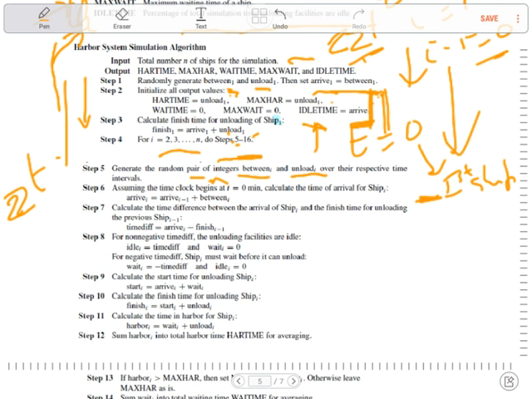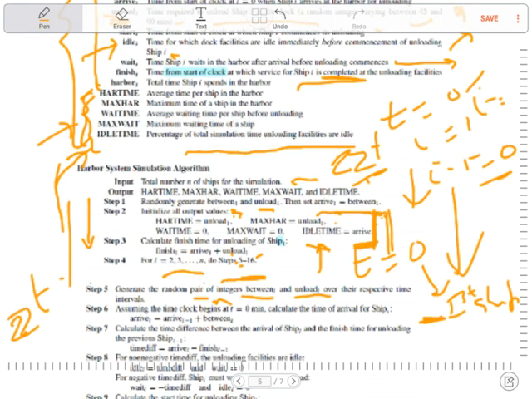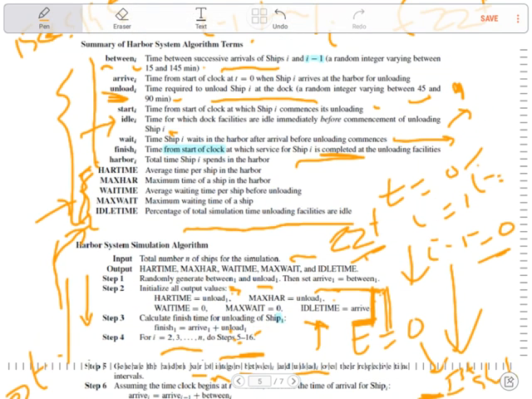So please mention positive integers between I and unload I, over the respective time intervals. Between I should not cross the limit of 15 to 145, and unload I should not cross the limit of 45 to 90.